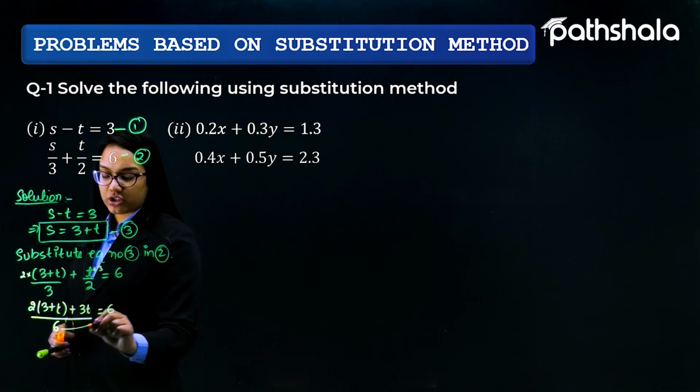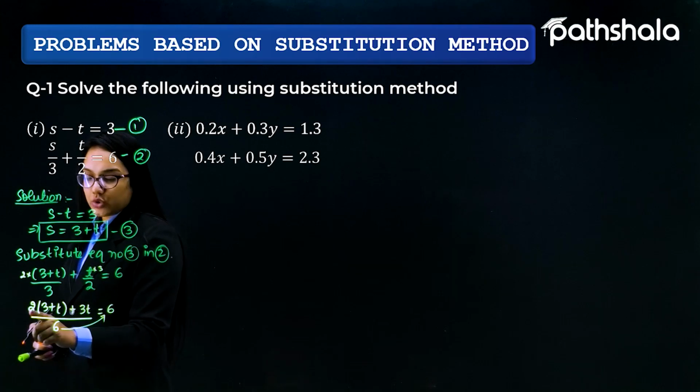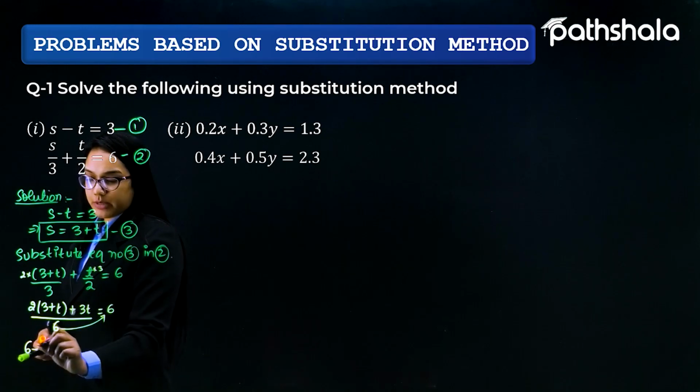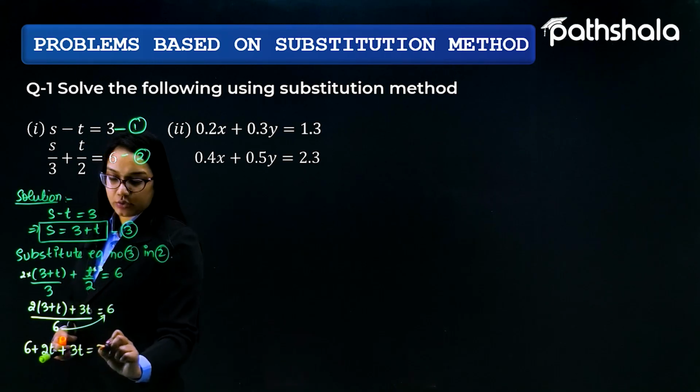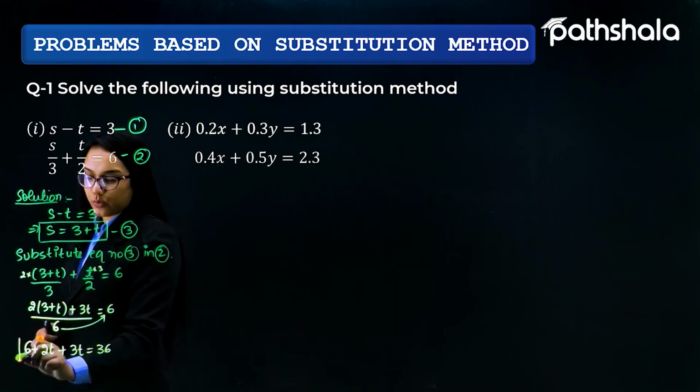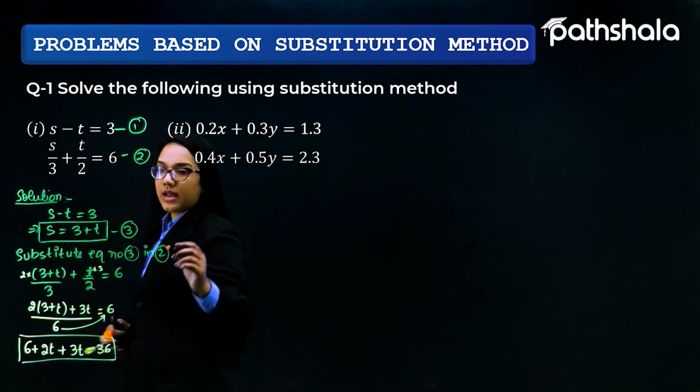Now let's transpose 6 to the other side. Let's multiply these terms together. So 3 into 2 is 6, plus 2t plus 3t, which is equal to 6 into 6, which is 36. So this is the equation we are getting. Now let's solve it.